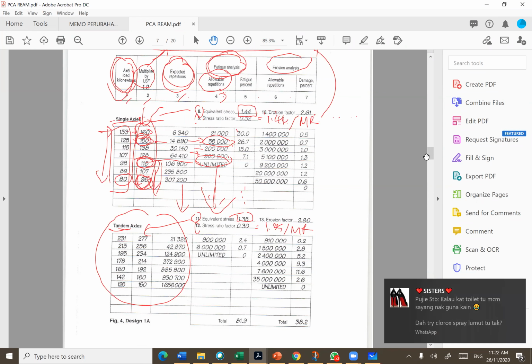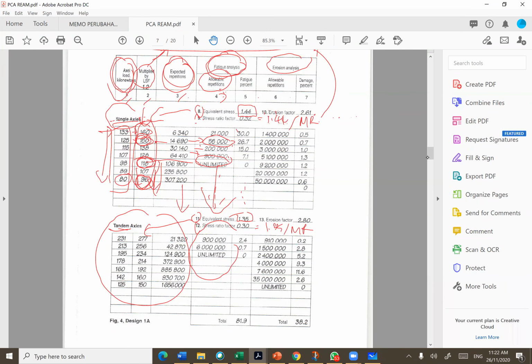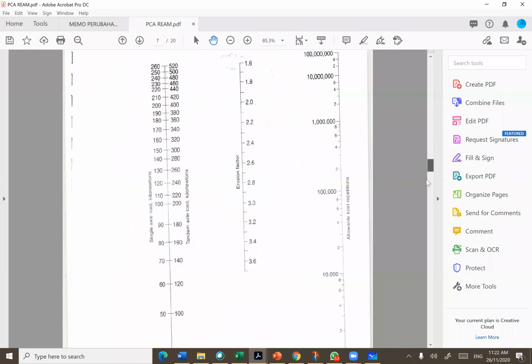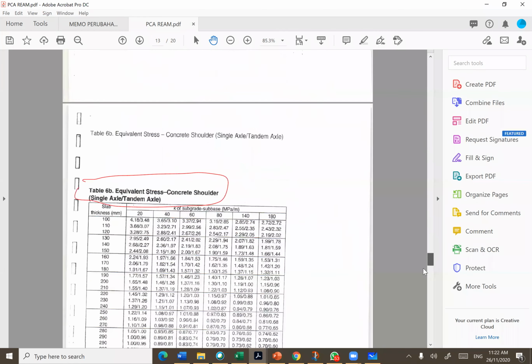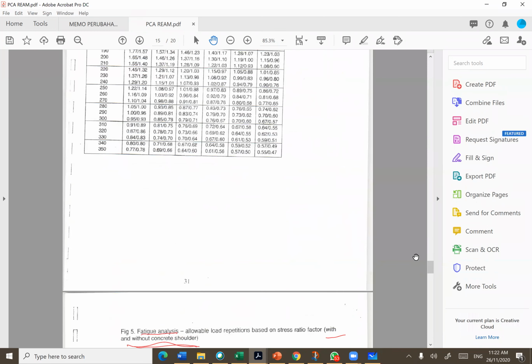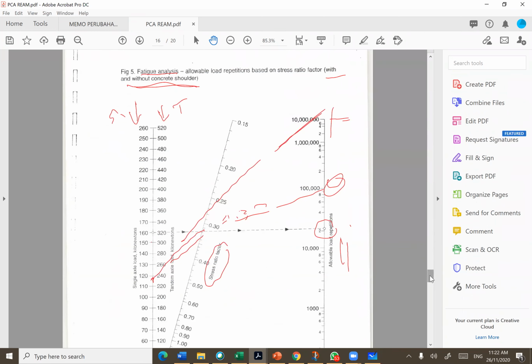So you calculate for both single and tandem by using the same figure. If it is for tandem, you use the left side scale here. If it is for single, you use the right side, to get the allowable repetition.